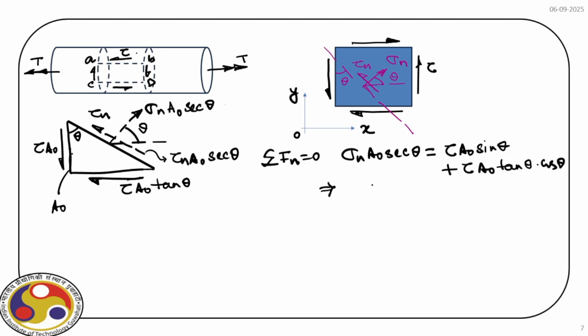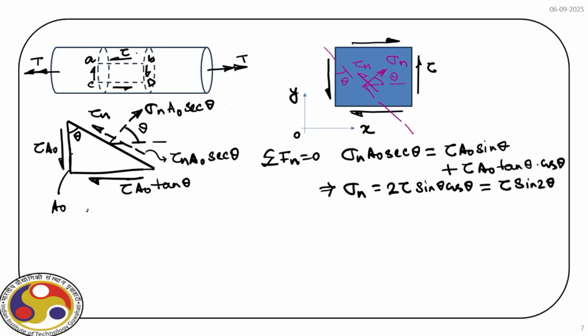Which gives sigma n is equal to twice tau sin theta cos theta. That means this is equal to tau times sine of 2 theta.